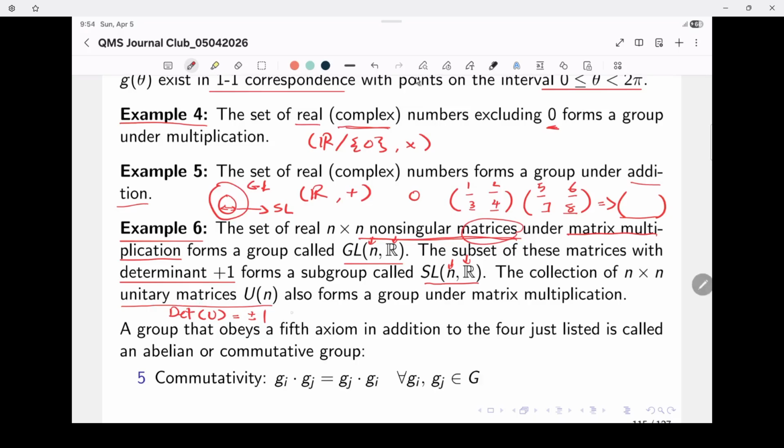As long as you satisfy U dagger U equals identity, or UU dagger, perhaps I write it this way, then basically it falls under UN. It is also a group under matrix multiplication, because no matter how you multiply unitary matrices, you get back a unitary matrix.